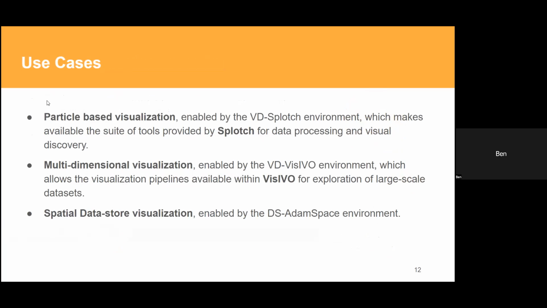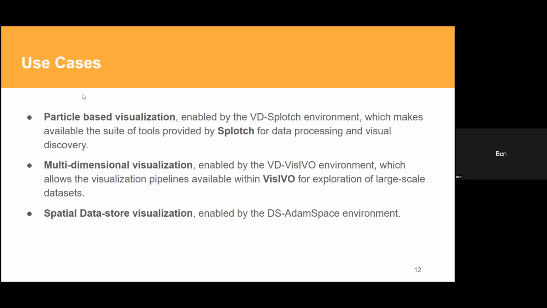So the use cases for the Visualization Gateway. At the moment, there's Splotch, Visivo, and AtomSpace. So these are particle-based visualizations, dimensional visualizations, and spatial data store visualizations. They're each discrete applications made by either third parties, or in this case, Splotch is University of Portsmouth.